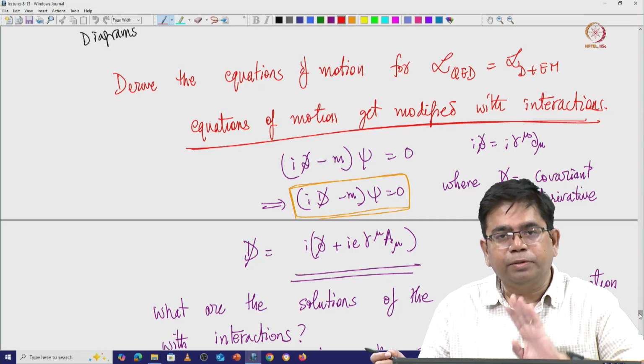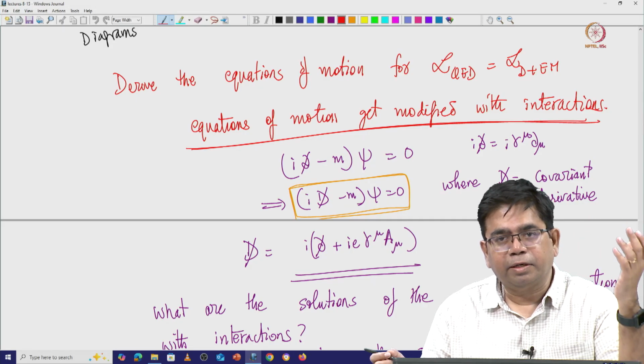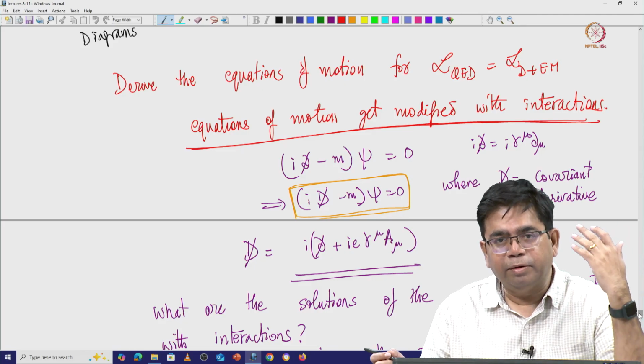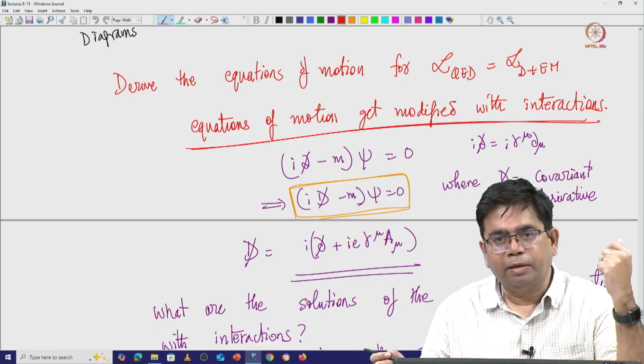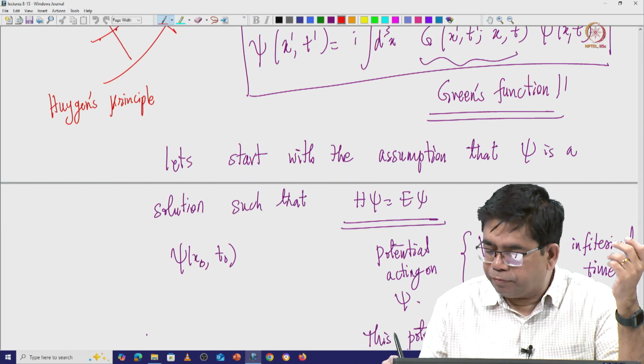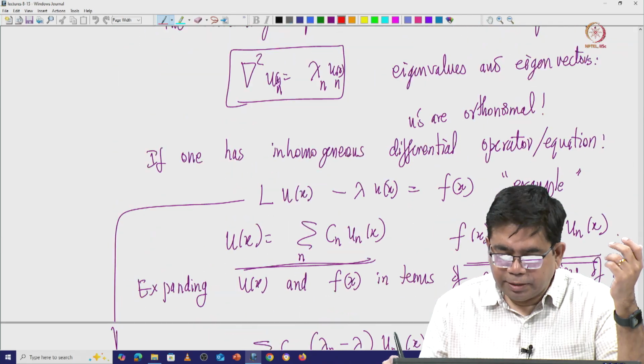Given these two things and using wave functions, we can actually solve tree level processes, and then we do not need the full technology of field theory. So, we will come to these things one by one.